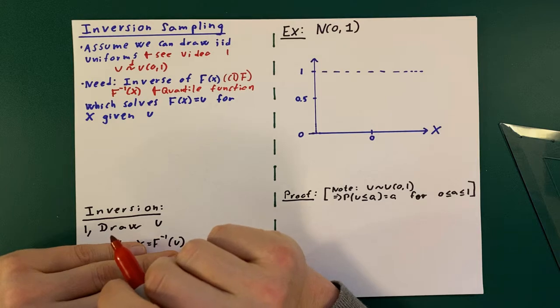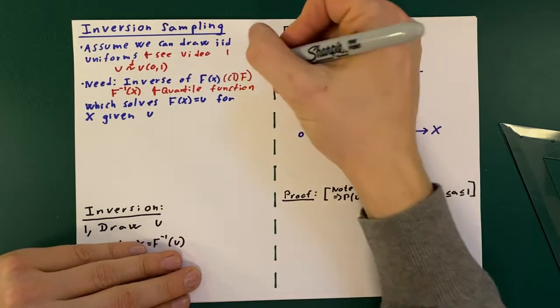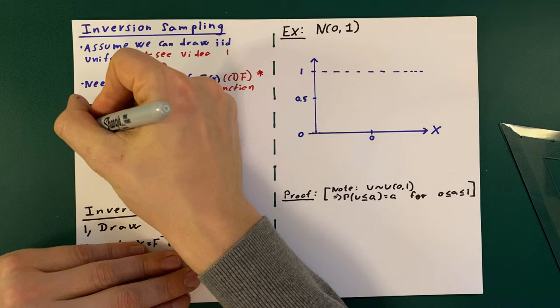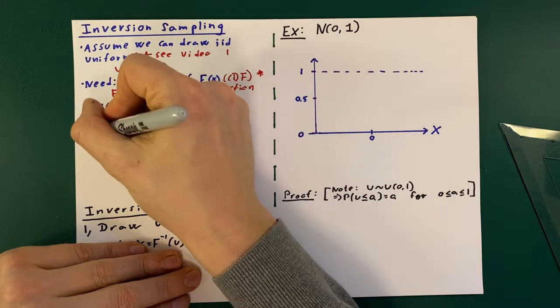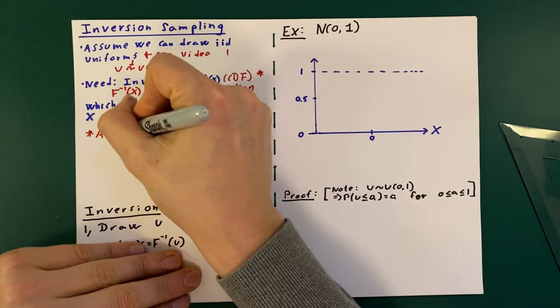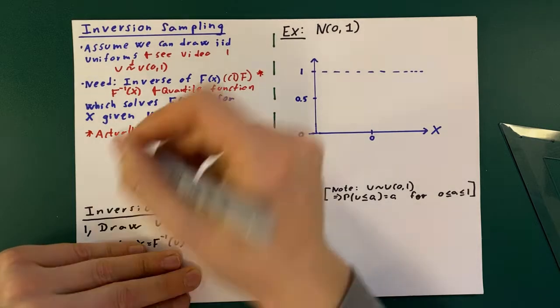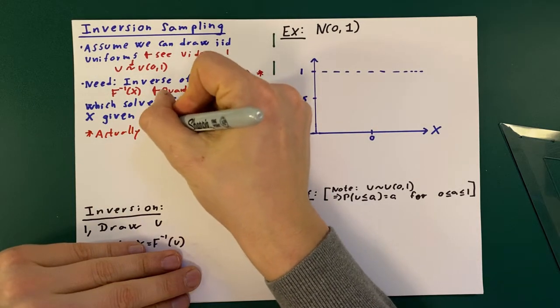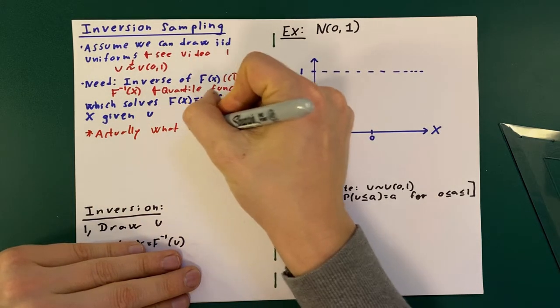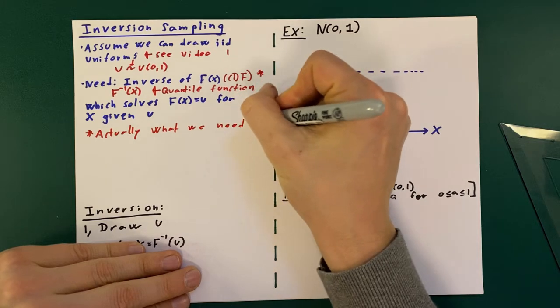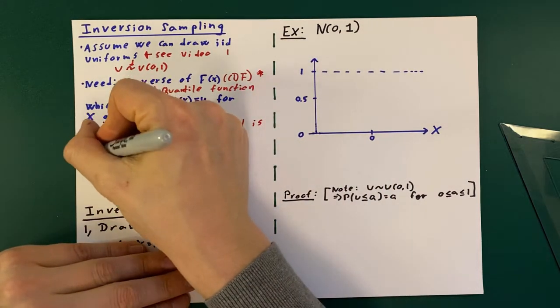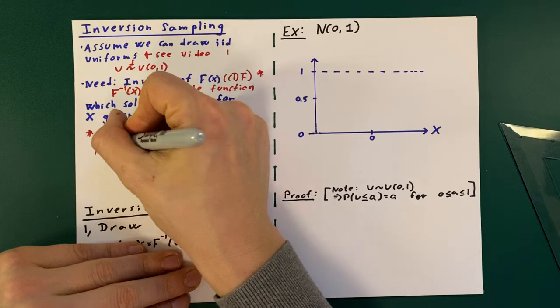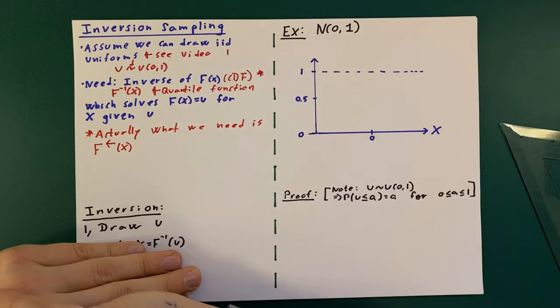Now I'm just going to note here that I've actually lied a little bit. I'm going to add a star here for a comment. It's because what we actually need is the generalized inverse, which is written like this, where this is an arrow.